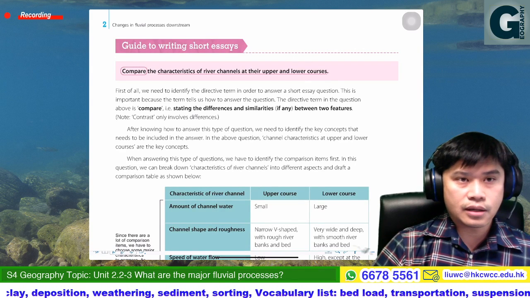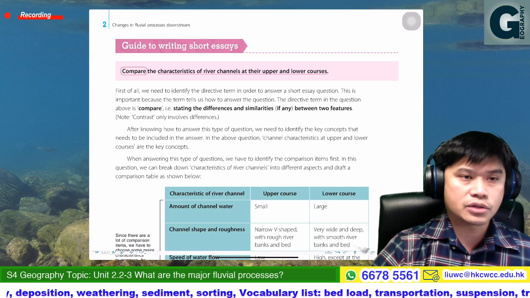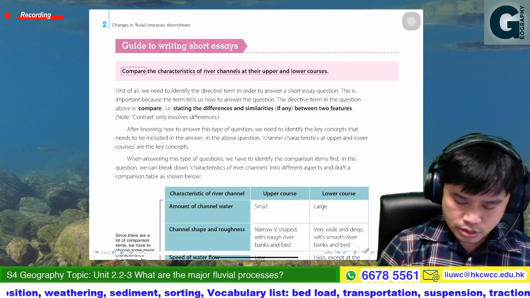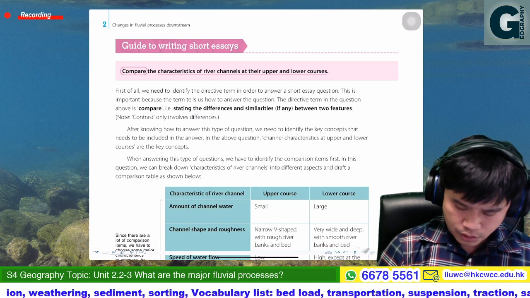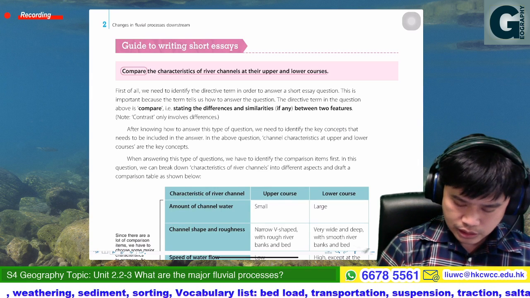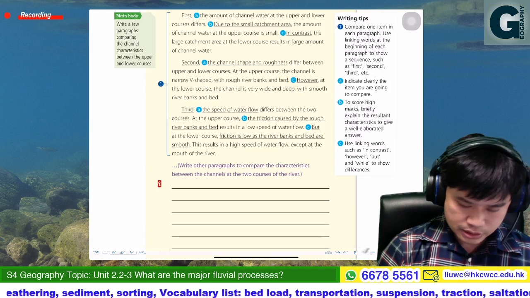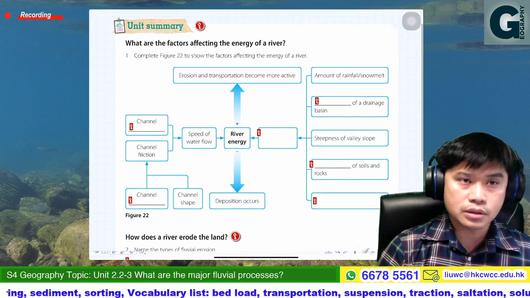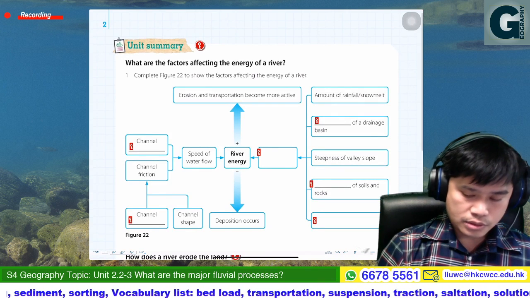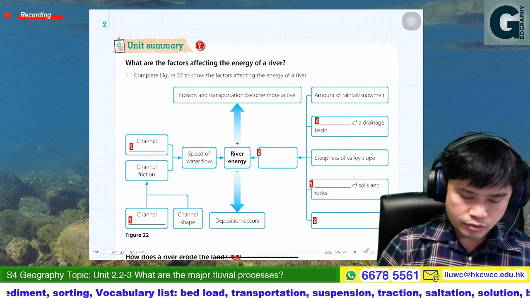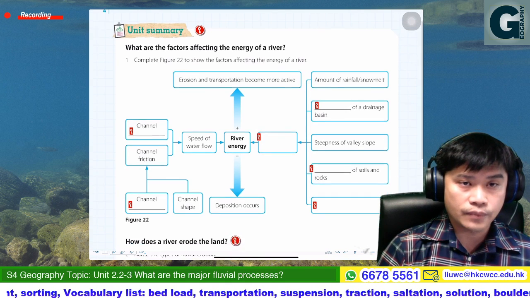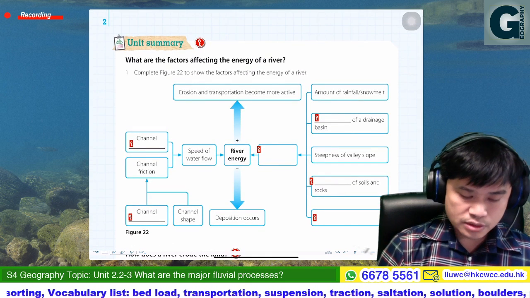For the guide to writing short essays, I would like to do it during the lessons, so we can do it together. So I may not talk about this in the online lessons. When we go back to school, we may talk about the essay writing and also the unit summary. Okay, unit summary. So please finish this.